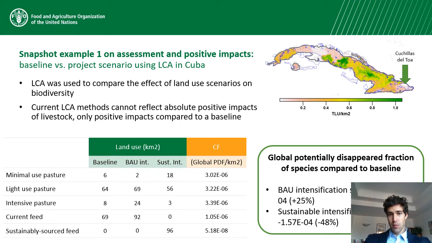So by just doing a multiplication of the two, basically, you can compare the potential global extinctions in the baseline and in the project scenario, and in that case, the business as usual intensification would lead to 25% more potential extinction at global scale compared to the baseline, while the project scenario, the sustainable intensification, would reduce potential species extinction by almost 50%.